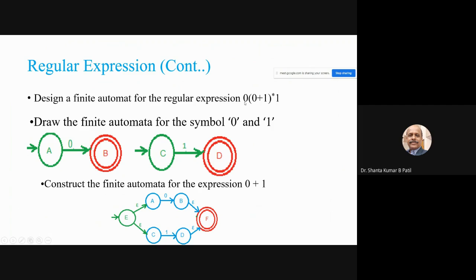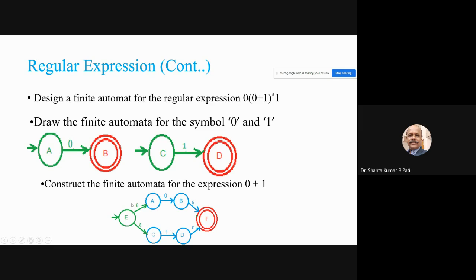First, construct the finite automata for the 0 and the finite automata for the 1. Then construct the finite automata for 0 plus 1. Next, make this finite automata into 0 plus 1 star.